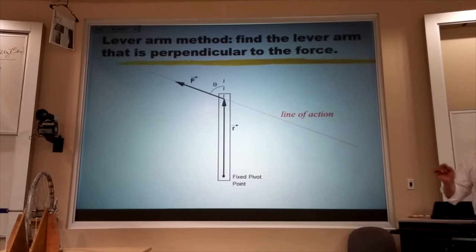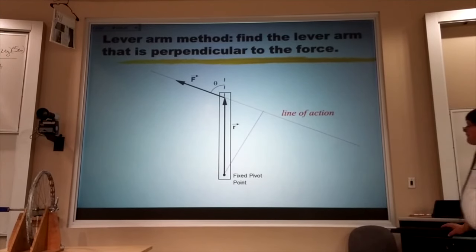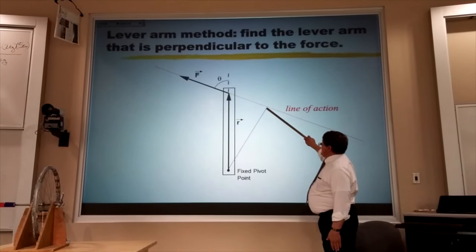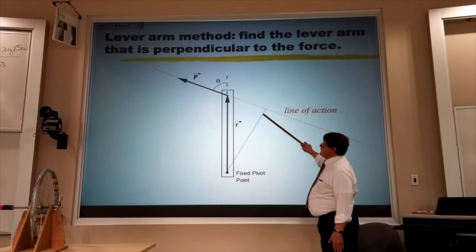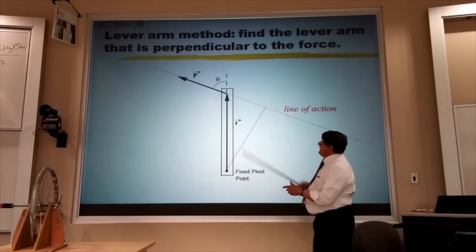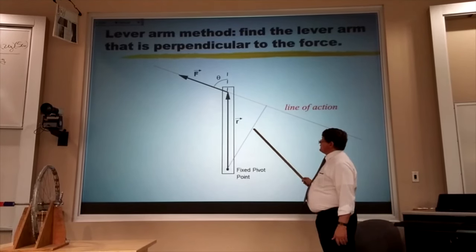And we say that this force is acting along the line of action. And then we find the distance that starts at the pivot and comes in perpendicular to that line of action. Now looky here. That force is perpendicular to that distance, and that's going to give us our torque.